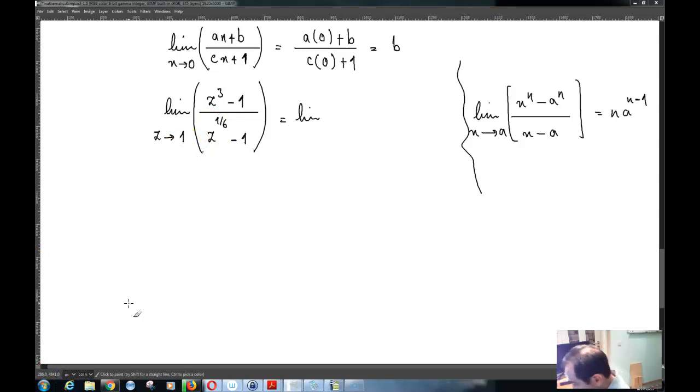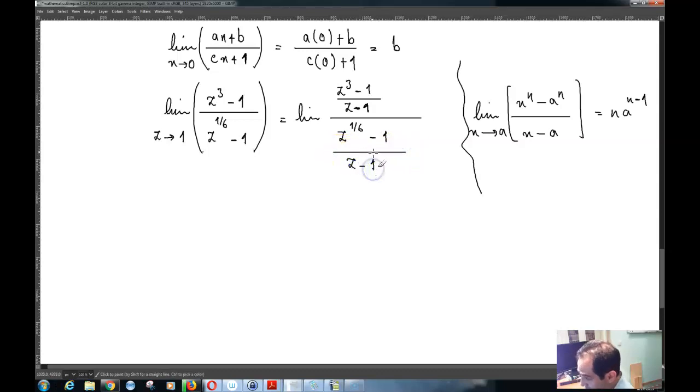Okay, so now what you can do is that you can write this limit as the limit of (z³ − 1)/(z − 1) over (z^(1/6) − 1)/(z − 1).